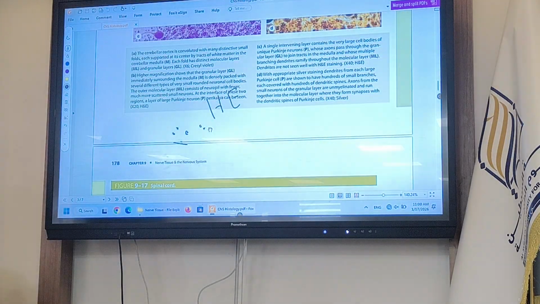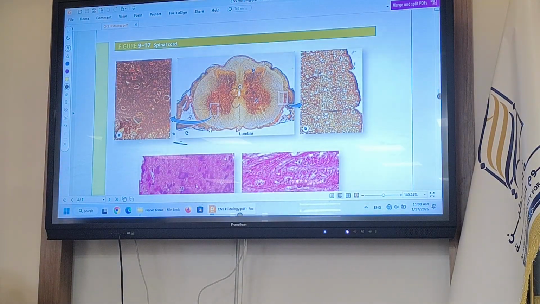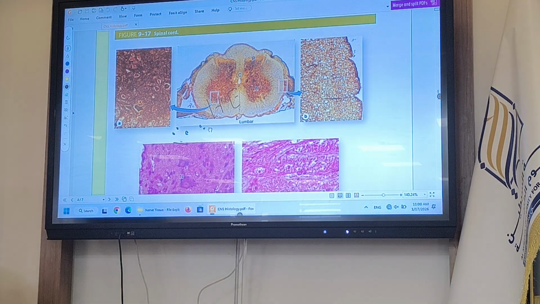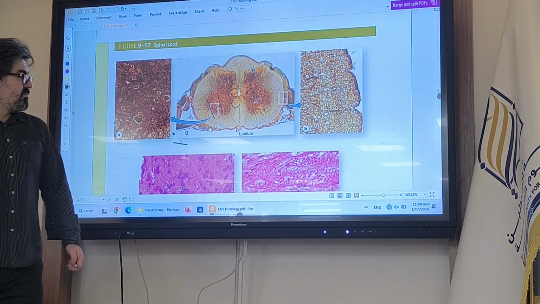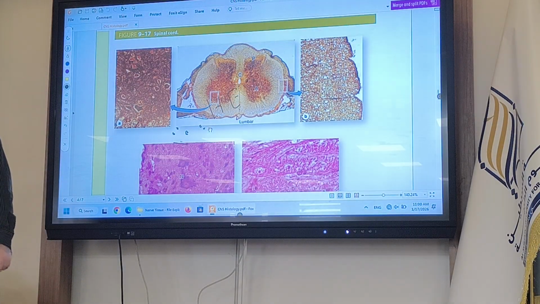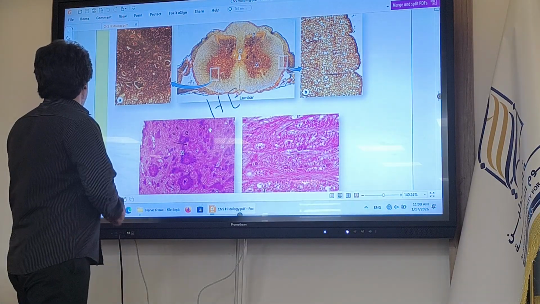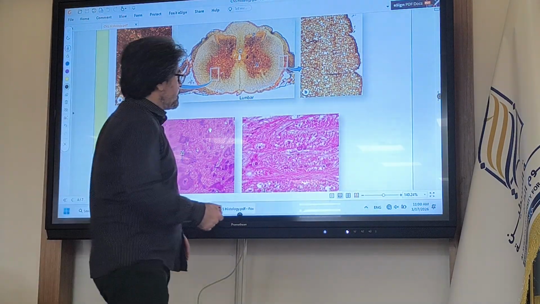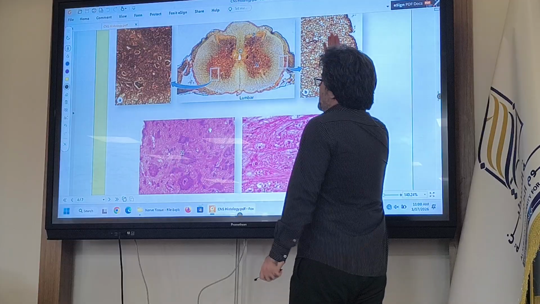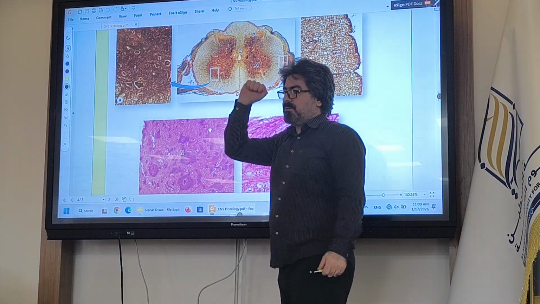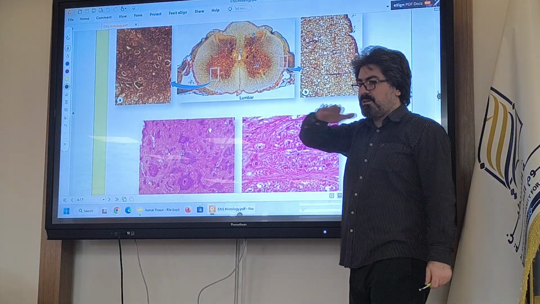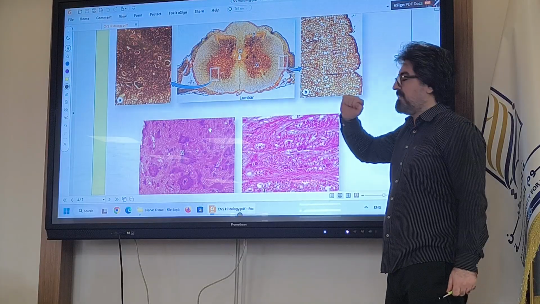Now let's have a look at the spinal cord. Here you can see a section of a spinal cord, a cross section or transverse section.